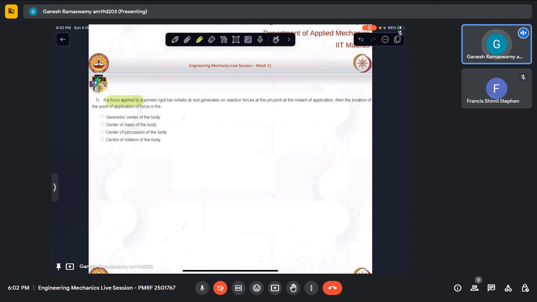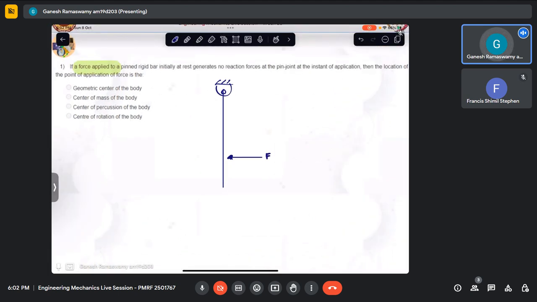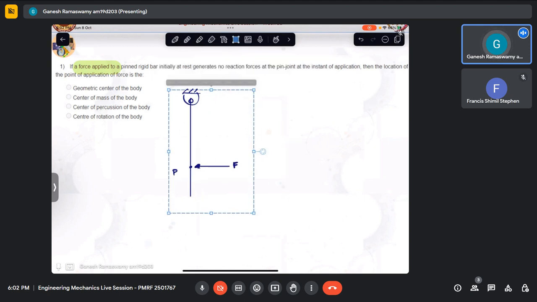Basically, we have a bar which is pinned like that, and then we are applying a force at some point. Let the force be F, and then we are applying it at some special point P, such that if we were to draw, now we have this.